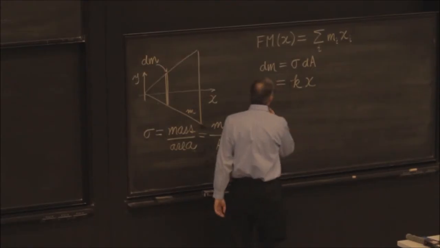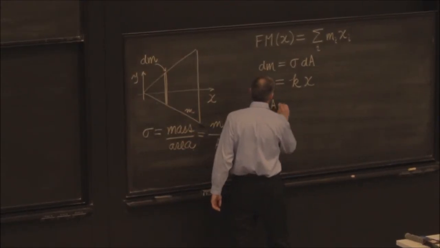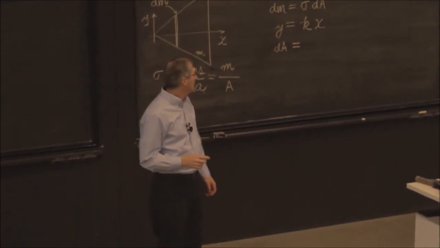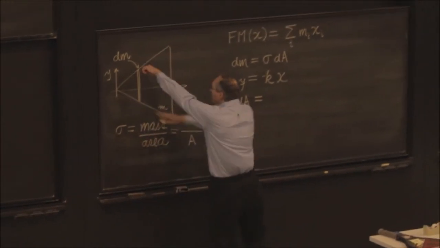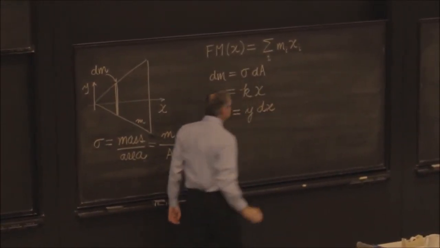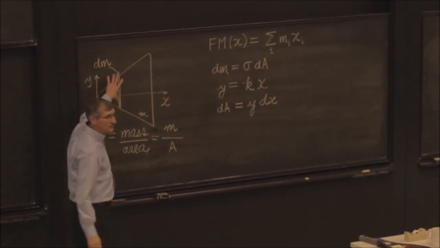Okay, so therefore, how would I get dA? So wouldn't that be the whole height, which is y, times the thickness, which is dx? Okay, that's the way we do calculus.